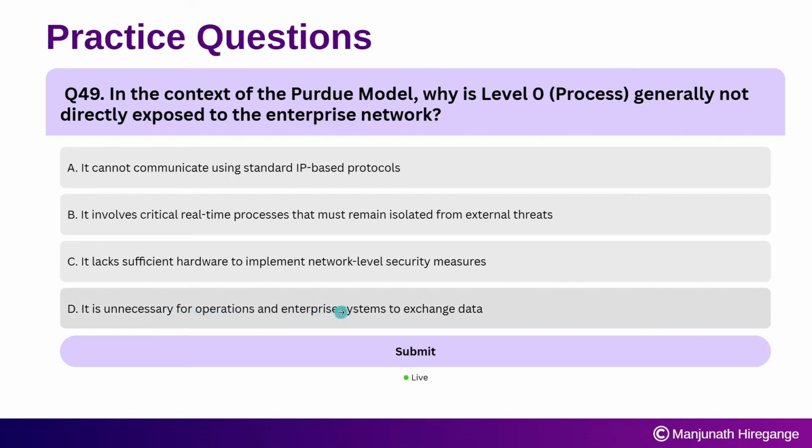Data from level 0 devices is essential for enterprise level decision making, like monitoring performance or optimizing operations. So the isolation of level 0 is primarily about protecting critical real-time processes from external threats. So B is the right answer.